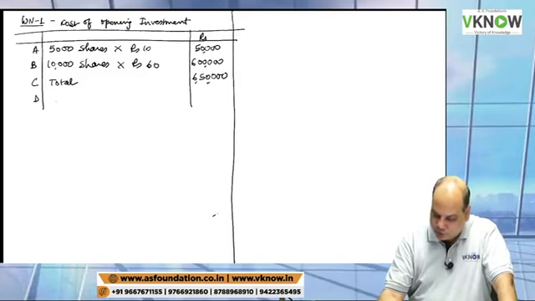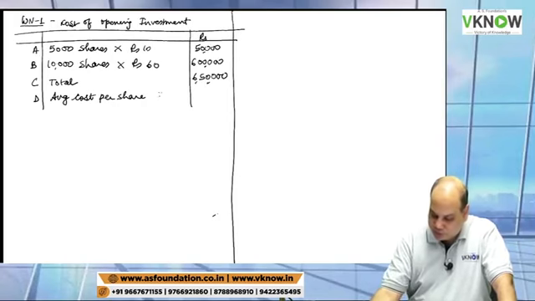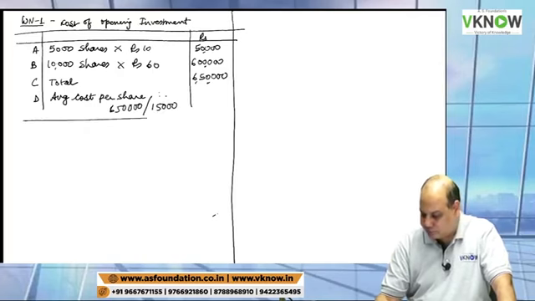And if I ask you what is the average cost per share, average cost per share will be 6 lakh 50,000 divided by the total number of shares in the opening balance, 15,000.